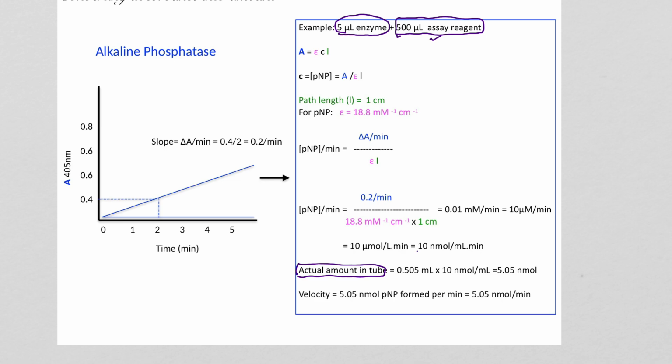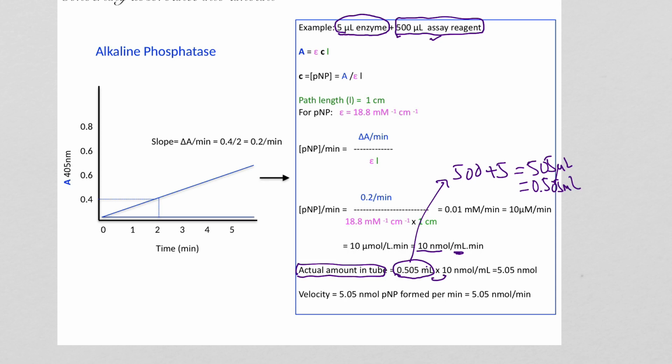We have 10 nanomoles formed per milliliter, times 0.505 milliliters, and this 505 basically came from 500 plus 5, that's 505 microliters, which is the same as 0.505 milliliters.